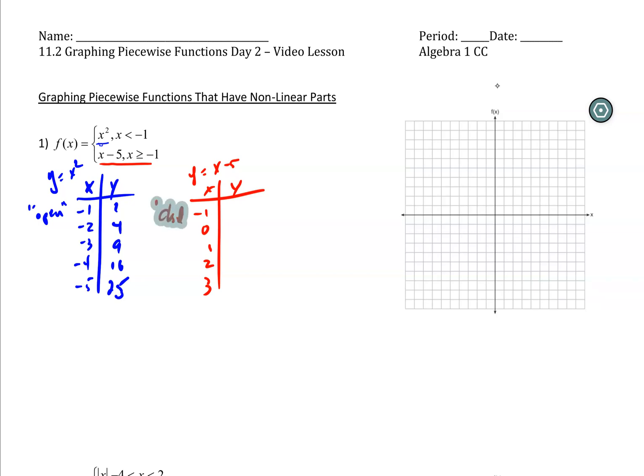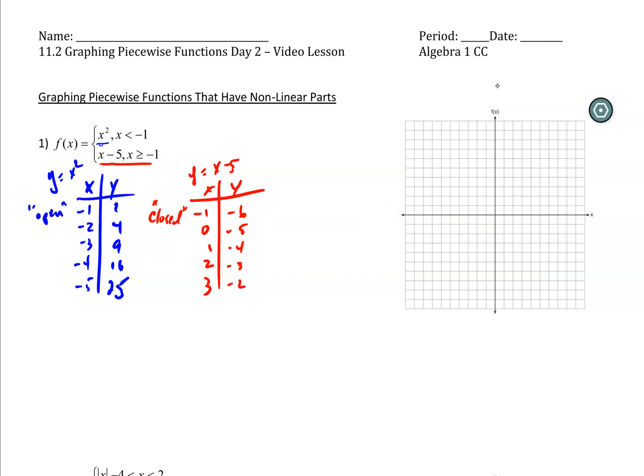Sorry, it's a little sloppy there. And then if we go to our table, -1 gets us -6, -5, -4, -3, -2. Again, or just plug them in, which is fine.